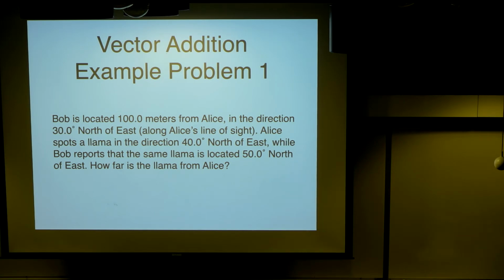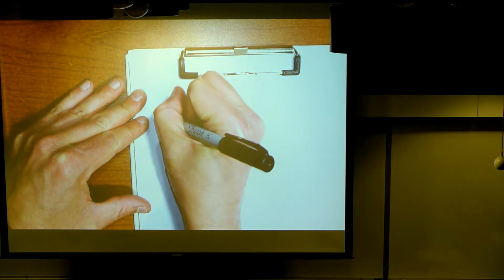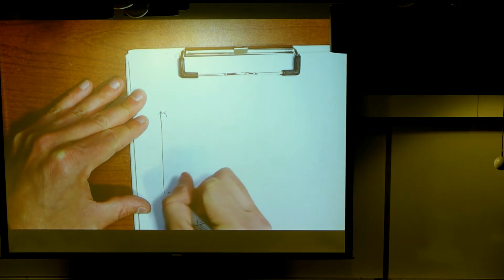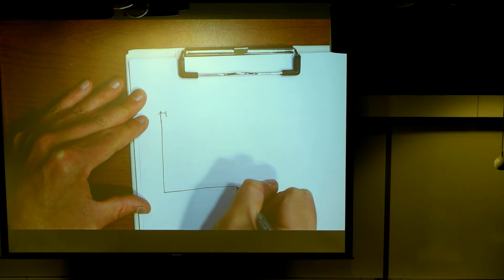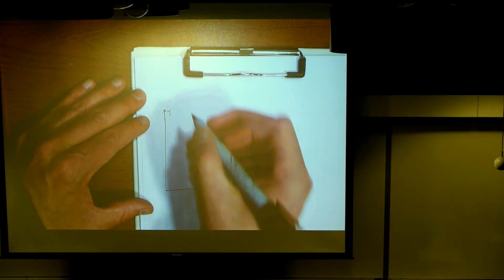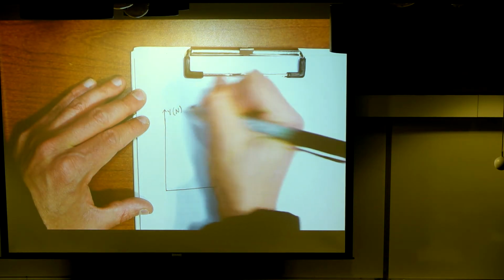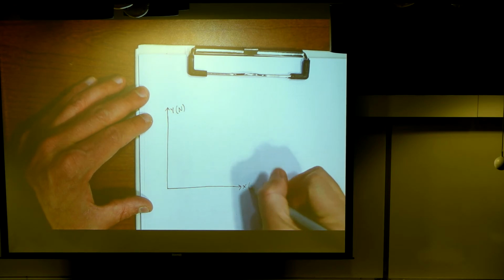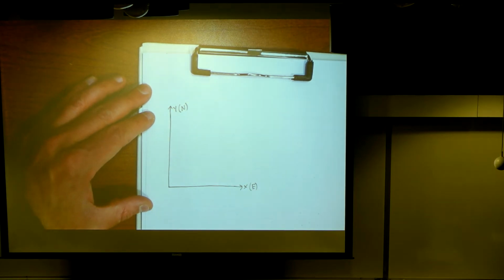In my picture, I'm going to start by drawing the x and the y-axis. So we'll work within this coordinate system where this is my y-axis and this is my x-axis. Like I said earlier, y is pointing in the direction that we typically associate with north, and x as east, the way we typically read in math.